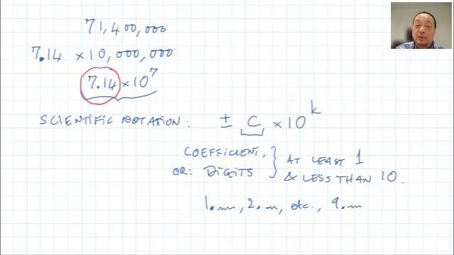We don't want it to go too low. We don't want it to be 0 point anything. And we don't want it to go too high either. We don't want it to go to 10 point something. And why not? Because the whole point of doing scientific notation is that we can look at that number 7 and say that it is equivalent to the range of 1 followed by 7 zeros. 1 followed by 7 zeros is 10 million.